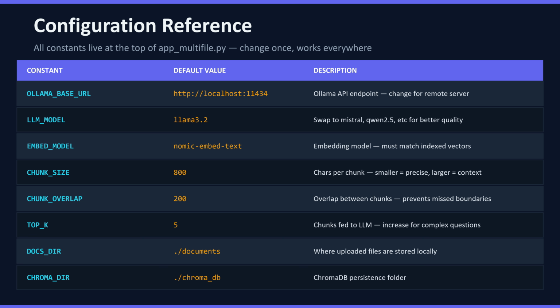The documents directory is where the uploaded files are stored on disk. ChromaDB is where ChromaDB persists its collection between sessions. You will notice that there are no API keys in the entire configuration. This is intentional. This is a fully local system.